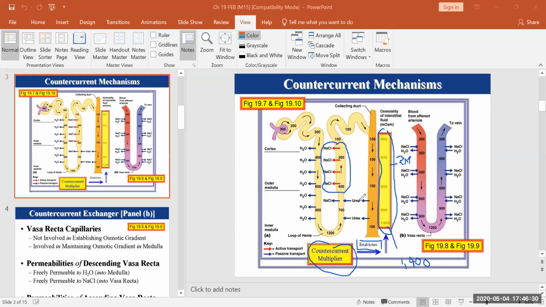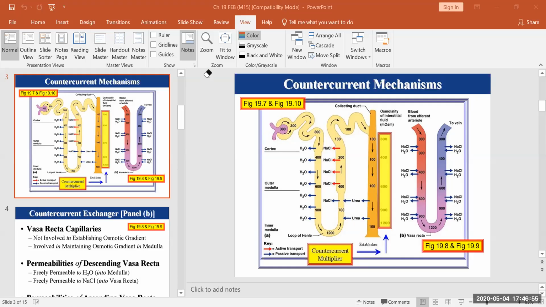There's no more osmotic gradient. Okay, so that osmotic gradient requires a constant input of energy. Okay, so that's the countercurrent multiplier, setting it up.